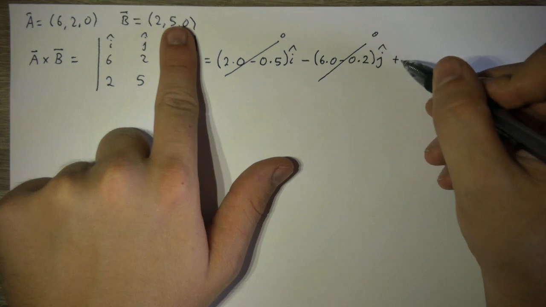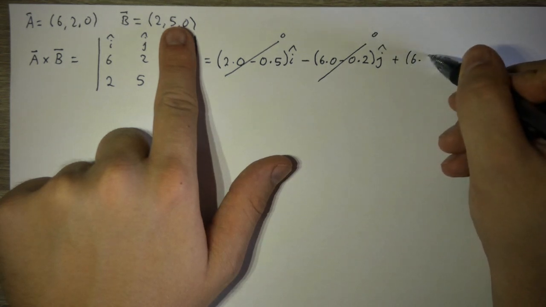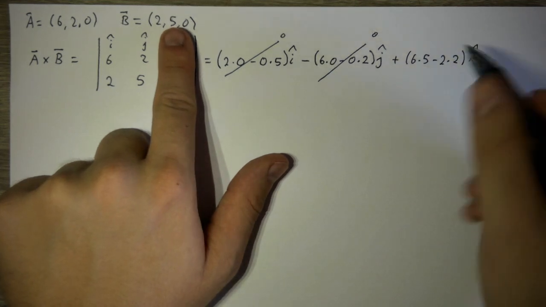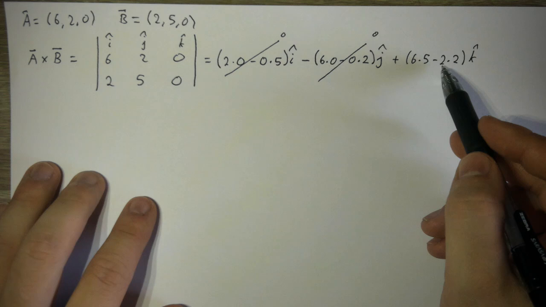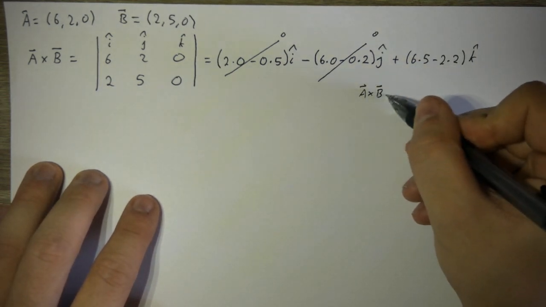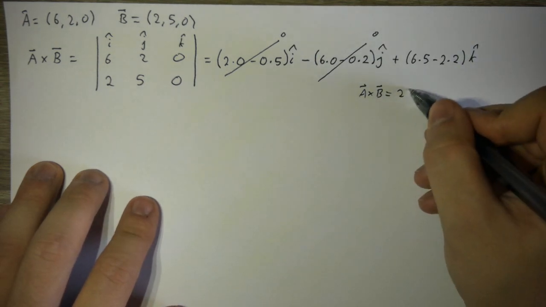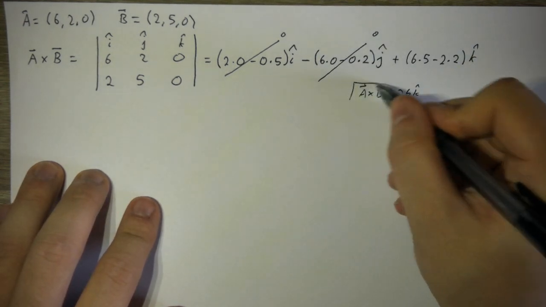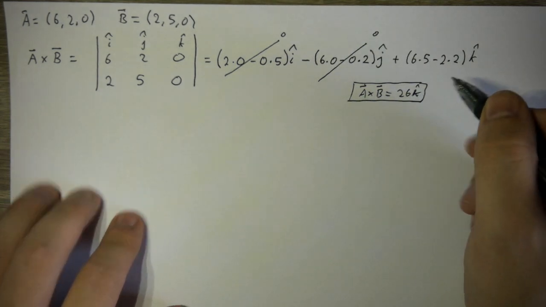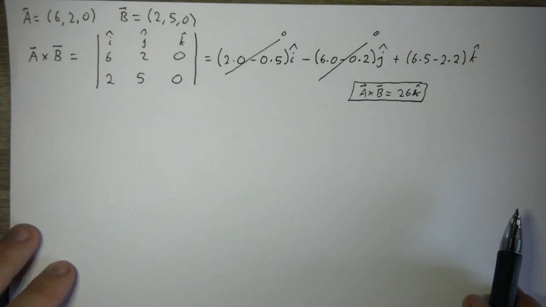Then the k term, 6 times 5 minus 2 times 2, k. That's 30 minus 4. So A cross B is equal to 26k as we would expect, because it's the same two vectors, and so we expect both methods to give us the same answer.